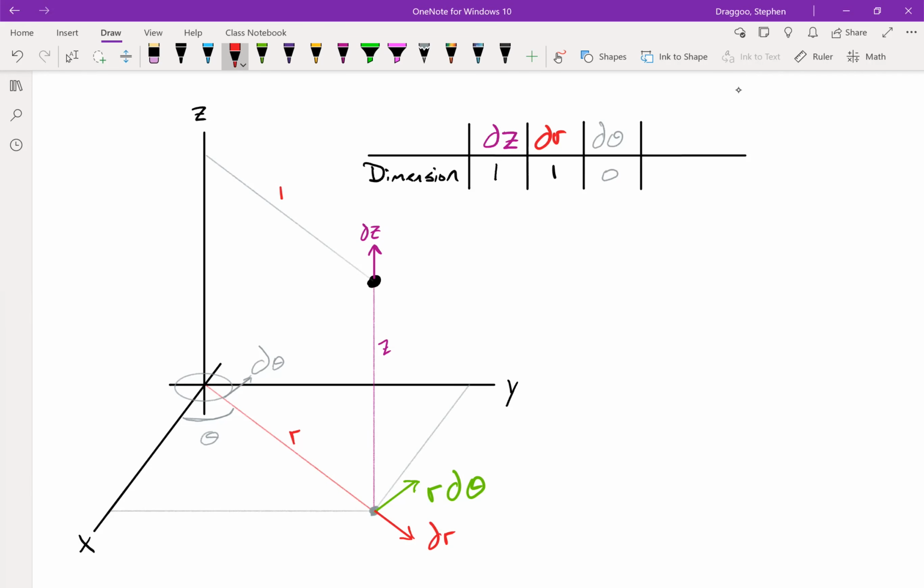So this other line that I've drawn in up at the top that connects the z-axis out to the point in question will also have a value of r. Which means that if we look at dr and r d theta in the xy plane, that'll be basically the same as looking at dr and r d theta in xyz space.